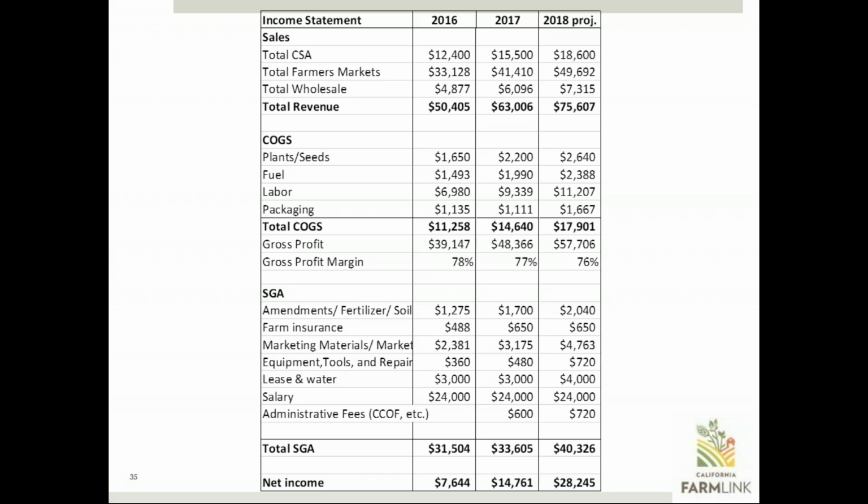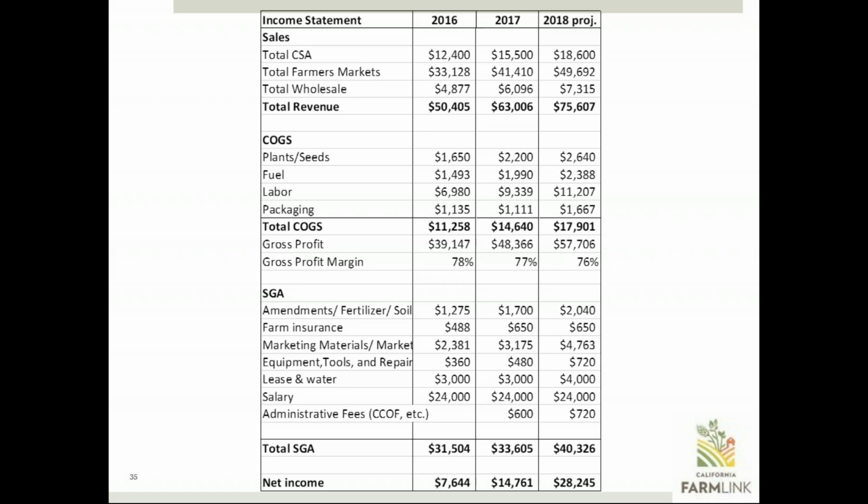And then the next category of expenses is what is referred to as selling, general and administration, the SGA, or you could think about that as kind of operating expenses or overhead expenses.